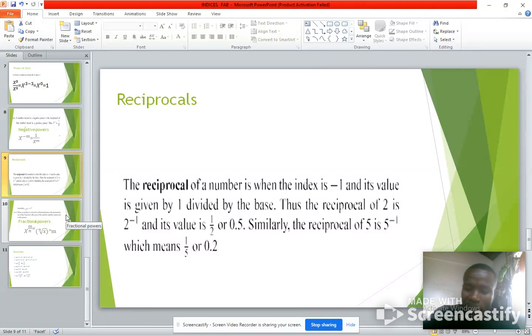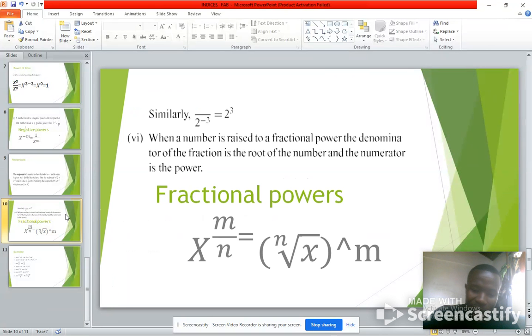That similarly applies to 5. When we are finding the reciprocal of 5, it can be represented as 5 raised to negative 1, which is also represented as a fifth, and in decimal form 0.2.